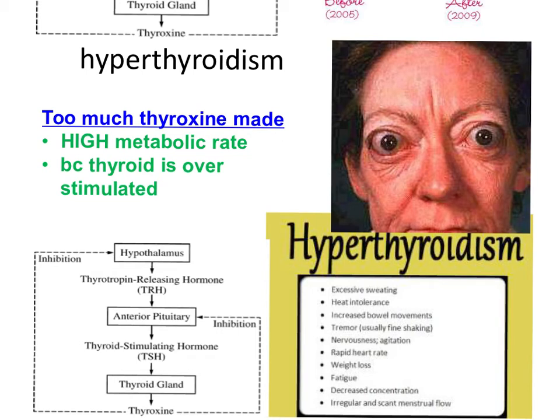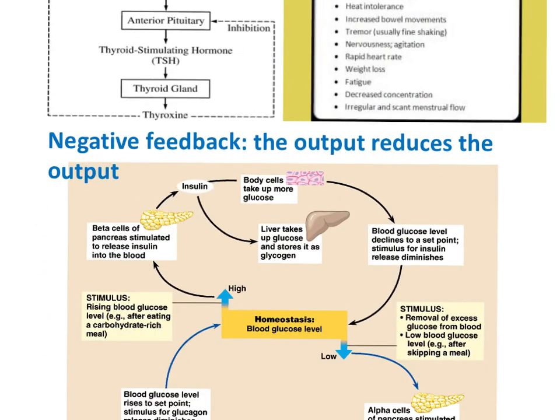You have an extremely high metabolic rate, heart is racing all the time, other symptoms as listed in this table. So you don't need to memorize the specific hormones or impacts, but more think big picture. There's a set amount that you need. Too much or too little is a bad thing.